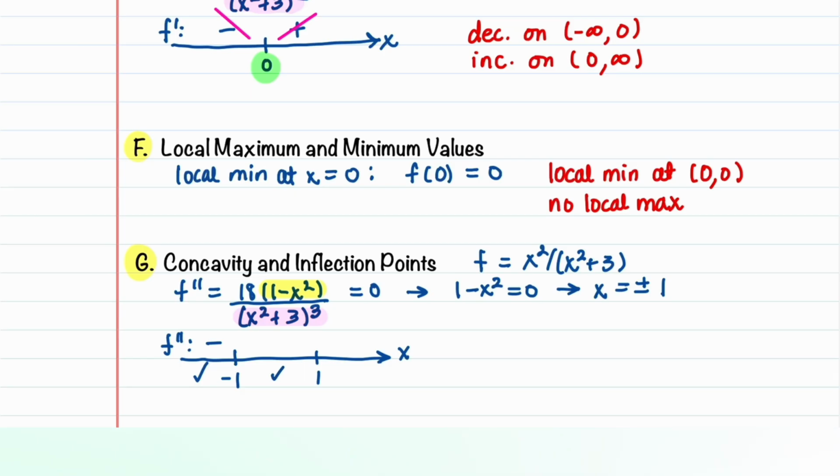In this region, we could say x is 0, so it's going to be positive. And then in our right region, if we say x is 2, it's going to be negative. This tells us that our function is then concave down, concave up, and concave down in those regions. Let's go ahead and let's write that down. It is concave down.